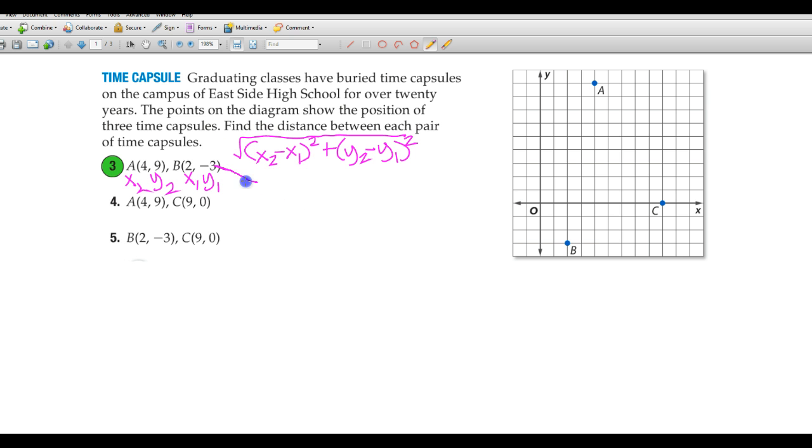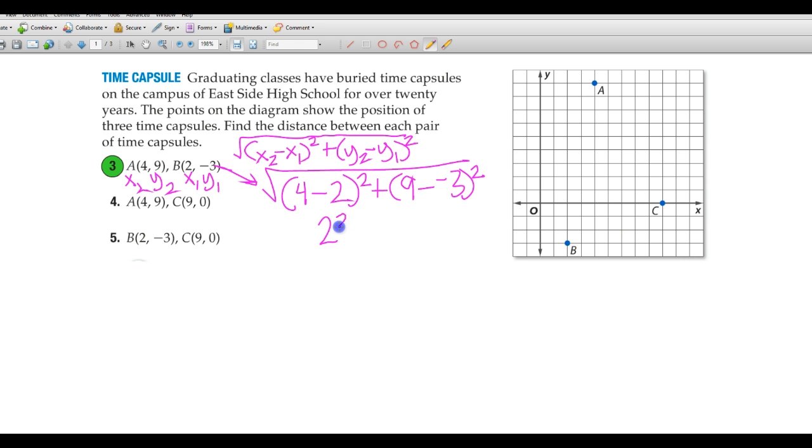So for these points, we would substitute in and we would have the square root of, so my x2 is 4, minus x1 is 2, squared, plus y2 is 9 minus y1 is -3.